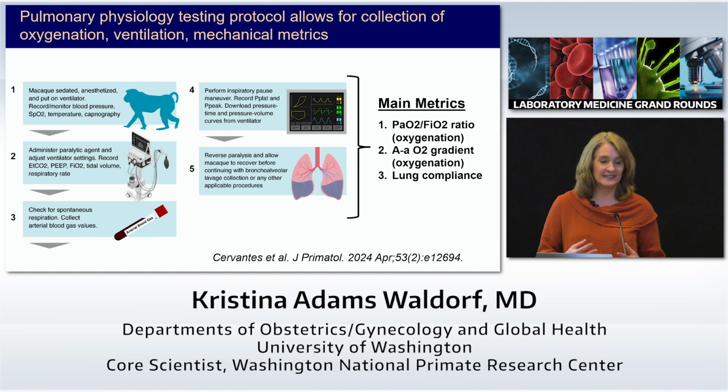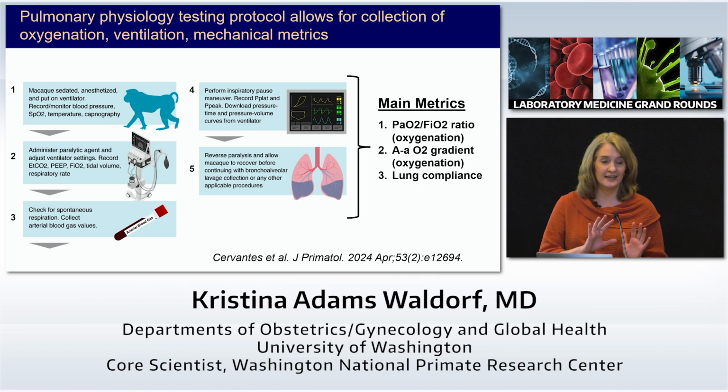We would anesthetize them, we would ventilate them, we would administer a paralytic agent, we would wait until they had no spontaneous respiration, we'd collect a blood gas, and then we would perform an inspiratory pause. That would allow us to measure the pressure plateau, the pressure peak.